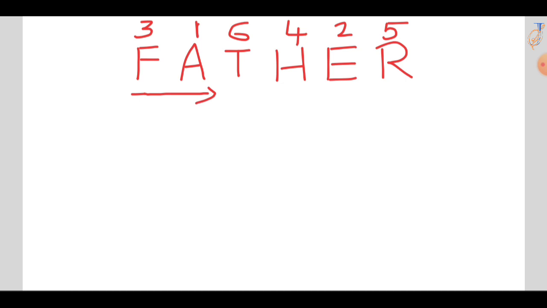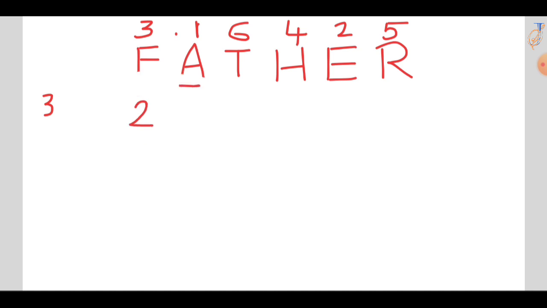For F, we have the number 3, that means rank 3. Here, count how many letters have a lower rank than F. We have rank 1, which is lower than 3, and then another number 2, which is also lower than 3. So we have A and E. That means 2. Write a number 2 here.